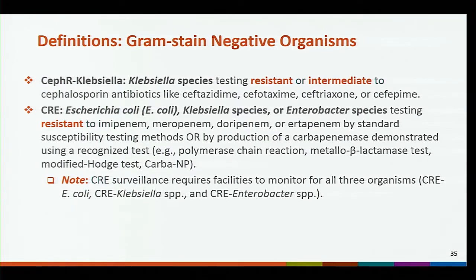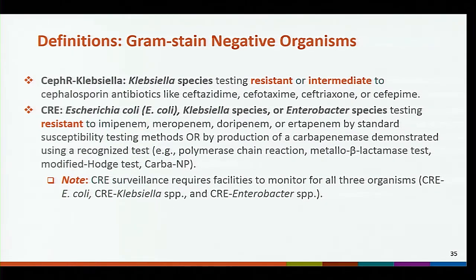Then you have CRE, which is E. coli, Klebsiella species, and Enterobacter species, testing resistant to imipenem, meropenem, doripenem, or ertapenem by standard susceptibility testing methods, or by production of a carbapenemase demonstrated using a recognized test such as PCR or other test.